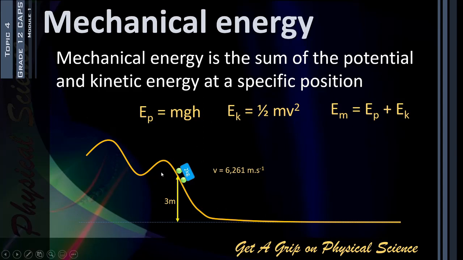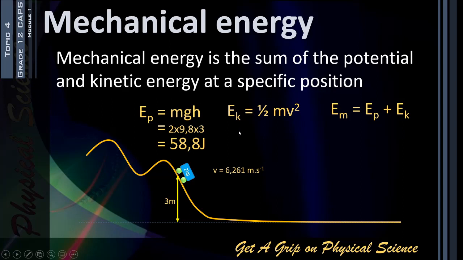So at this new position where it's got a height of 3 meters and a velocity of 6.261 meters per second, the potential energy will be calculated as 2 times 9.8 times the new height of 3 meters, which will give you a potential energy of 58.8 joule.